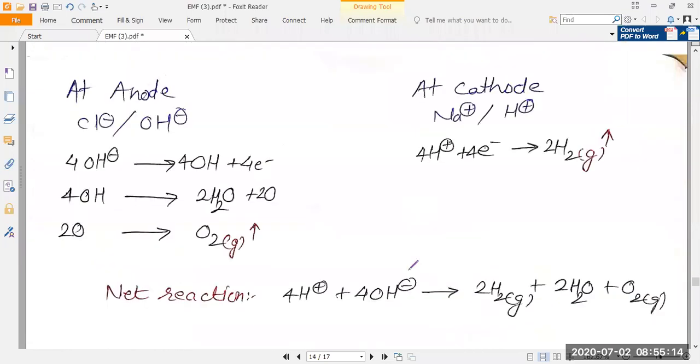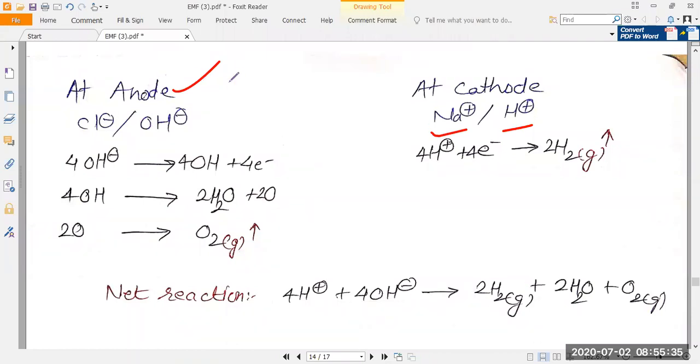So at the anode we have two ions, chloride and OH ion, and at the cathode we have two ions, sodium ion and H plus ion. Out of the two at the anode, which will oxidize?